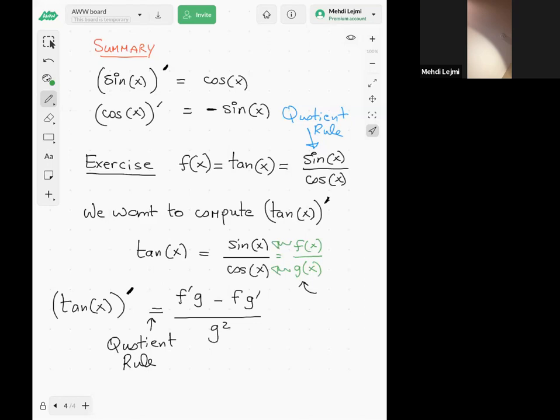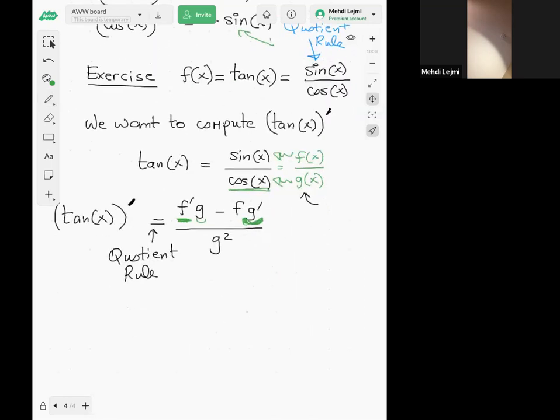To apply the quotient rule I need f prime, times g, minus f times g prime. The derivative of sine is cosine. And g is cosine, so what's g prime? The derivative of cosine is minus sine.